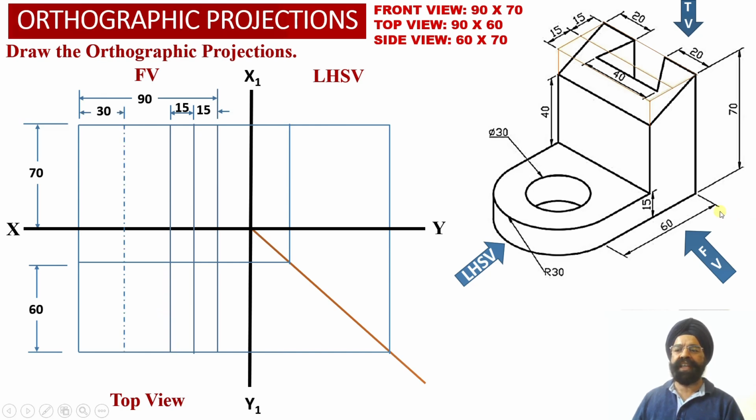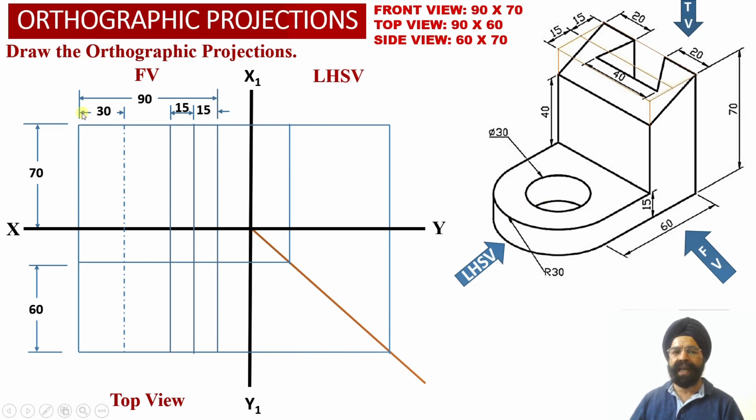Now we have been provided with the information that this center, which is corresponding to the center of the circular portion of the horizontal web and the center of a circular vertical slot which has been provided into the horizontal web, has been located at a distance of 60 millimeter from the right hand side face or 30 millimeter from the left hand side face of the solid.